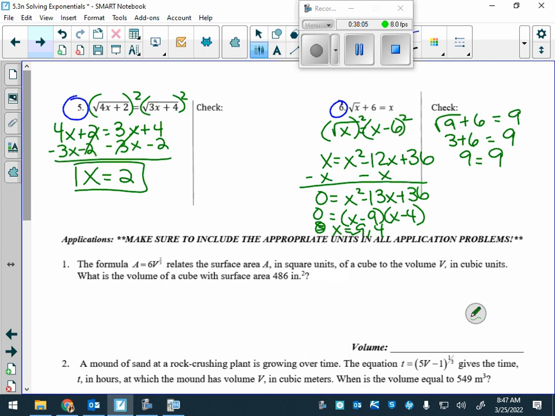Let's look at 4. Square root of 4 is 2. Does 8 equal 4? No. Therefore, 4 is extraneous. So your correct solution for number 6 was x equals 9.